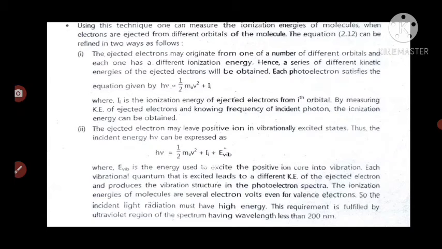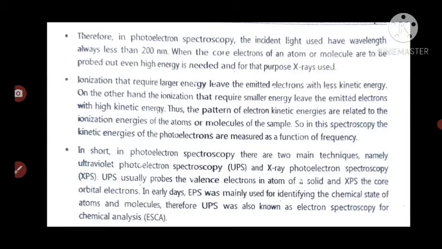For example, consider the requirement of the ultraviolet region of the spectrum, having a wavelength of less than 200 nanometers for photoelectron spectroscopy.